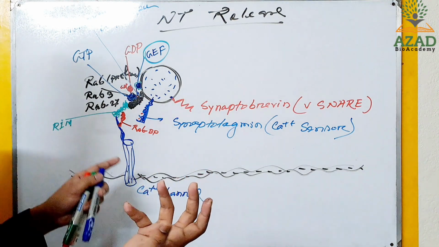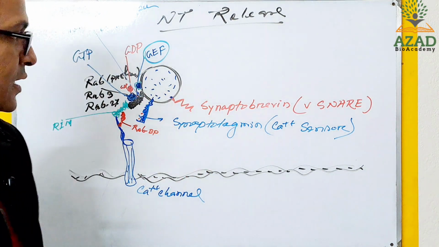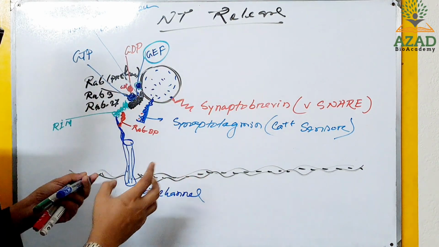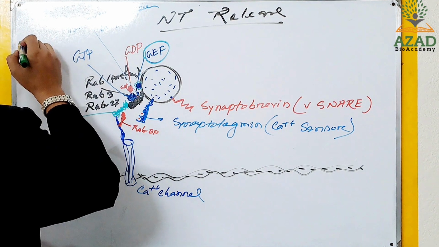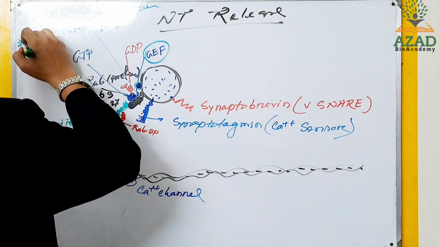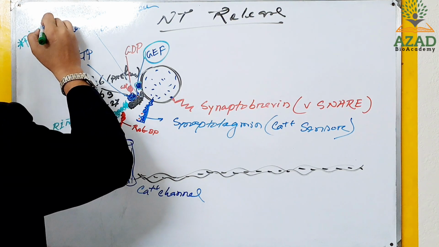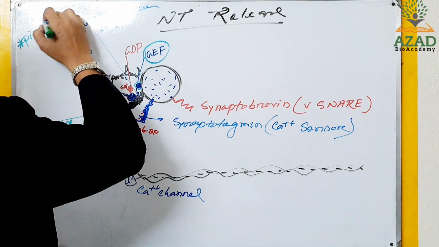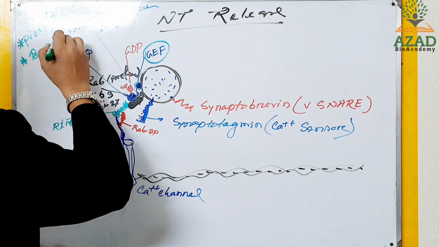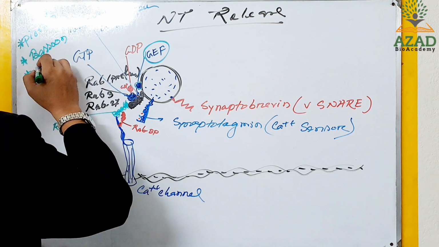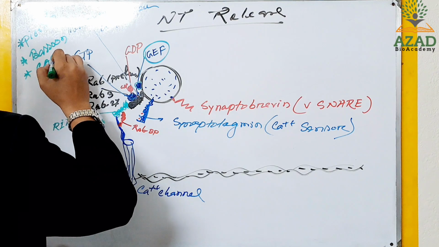You know, the RIM protein you can consider as a scaffolding protein. Here some other supporting scaffolding proteins are there. Then I can just write it down here: that is piccolo, you can say bassoon protein, and you can say CASK protein.